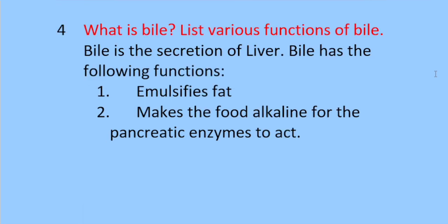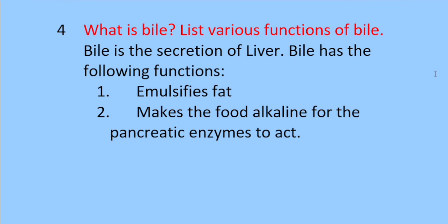What is bile? List various functions of bile. A secretion of liver is called bile, but remember, bile is not an enzyme, it is just a secretion. Bile has the following functions in our body. First, it emulsifies fat. Emulsification means breaking down of large globules of fat into smaller ones so that the enzyme can act on them.